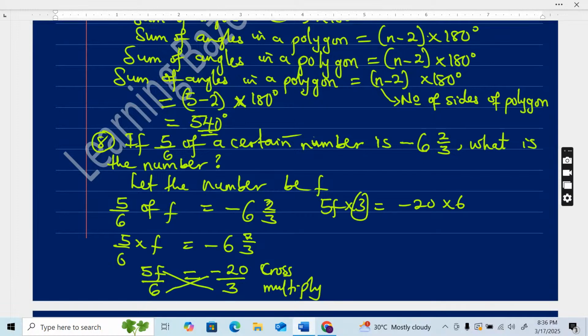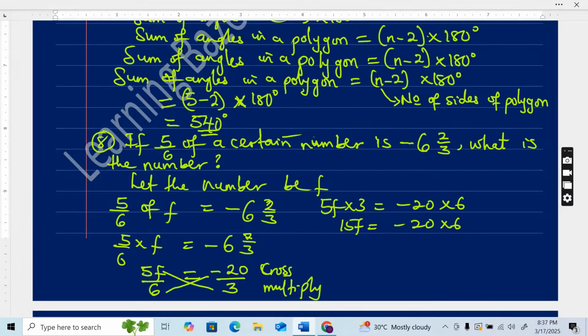Then 3 has to go to the right side to divide so that we can be left with 5f, that will be minus 20 times 6/3. Or 5f times 3 will give us 15f, so we still have minus 20 times 6. 15f equals minus 20 times 6.